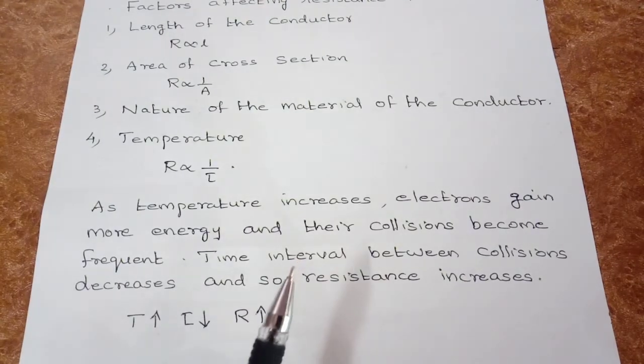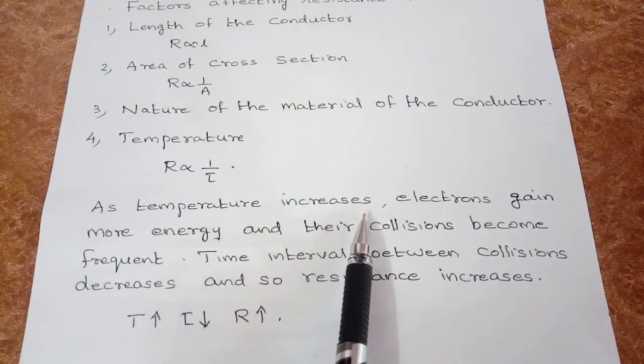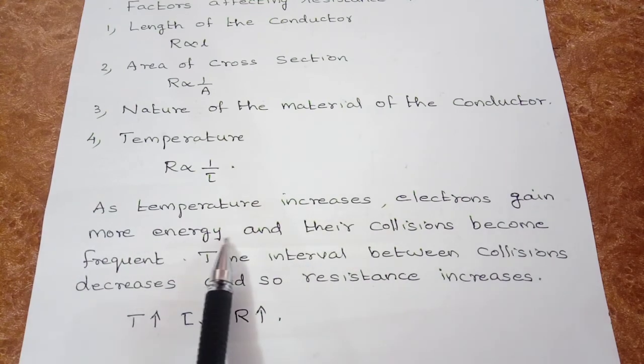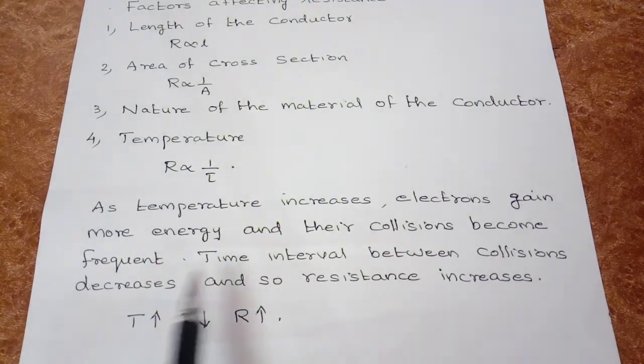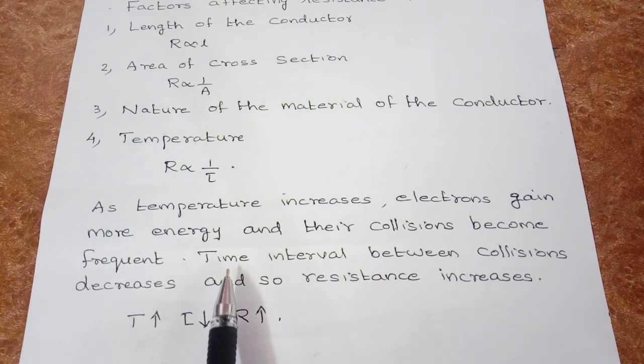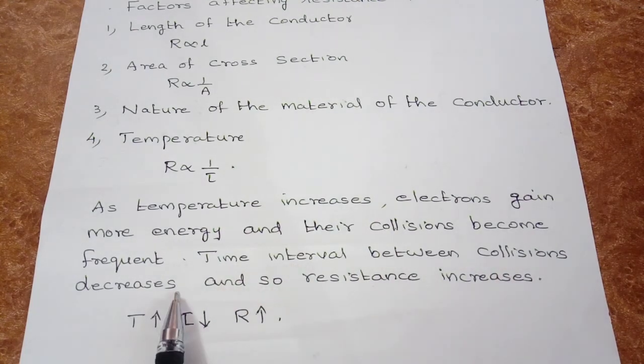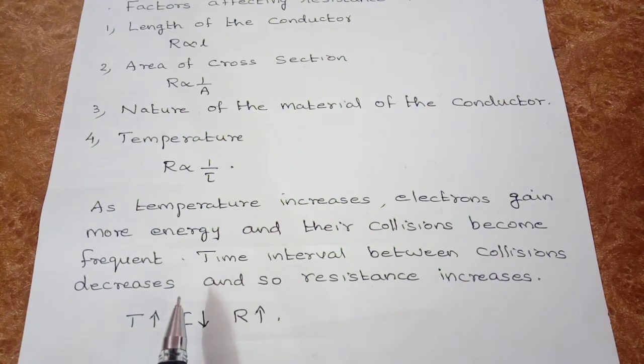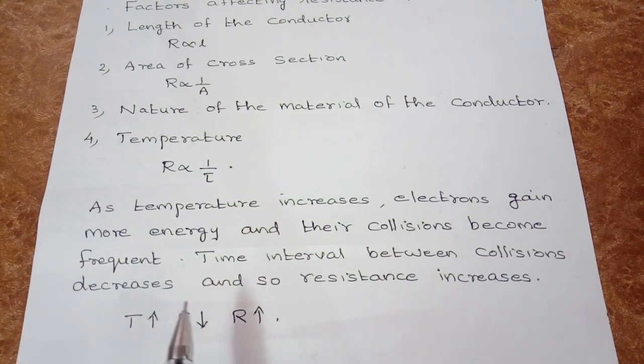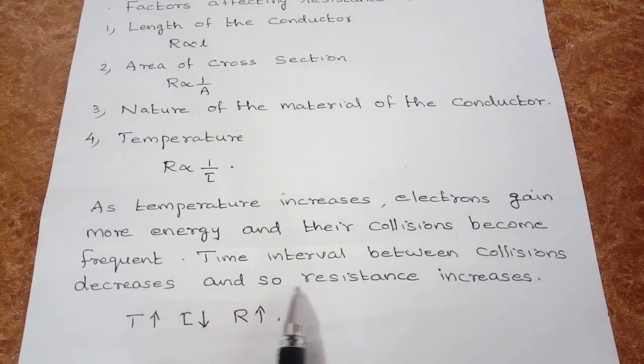As temperature increases, electrons gain more energy and their collisions become frequent. As collisions become frequent, the time interval between collisions decreases. The time interval between collisions is nothing but relaxation time. As the relaxation time decreases, electrical resistance increases.